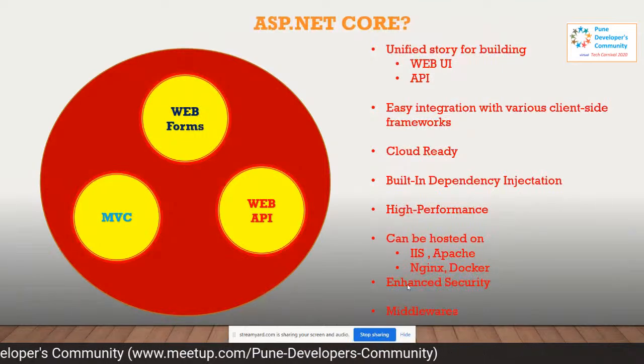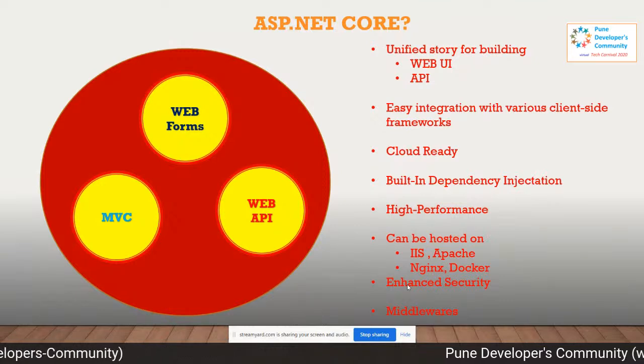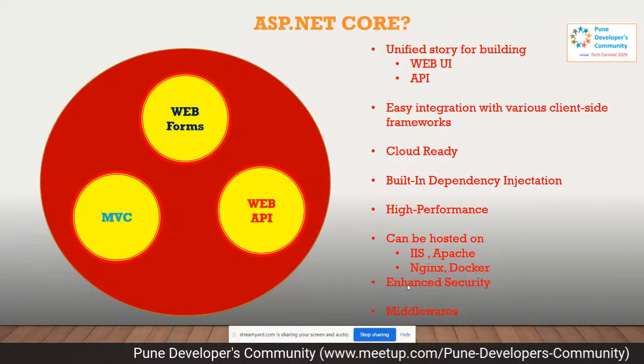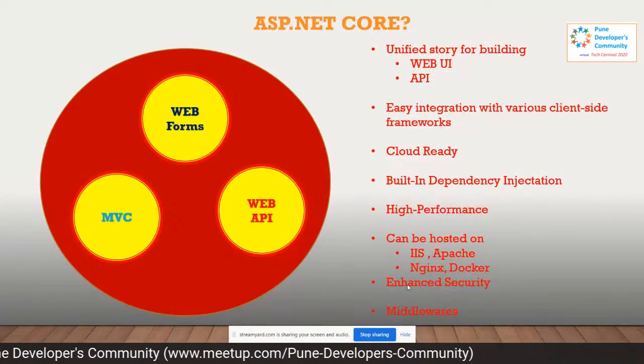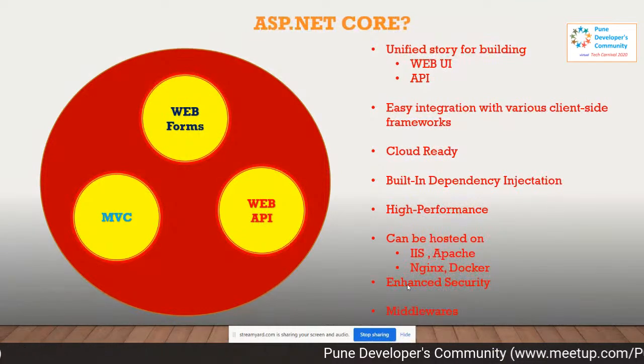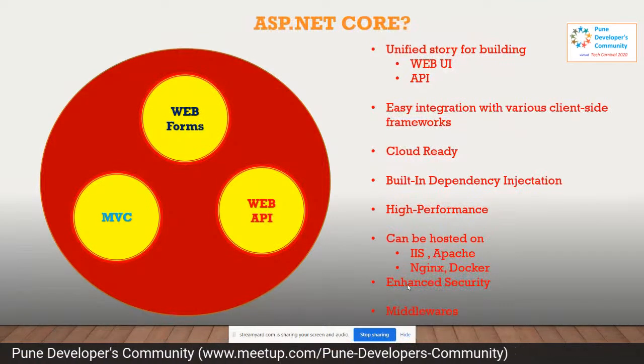That's the advantage. So there is built-in dependency injection support to manage the appropriately defined life cycle for your objects. So you can decide which objects will be singleton, which will be scoped, which will be transient. You can decide upon these strategies.